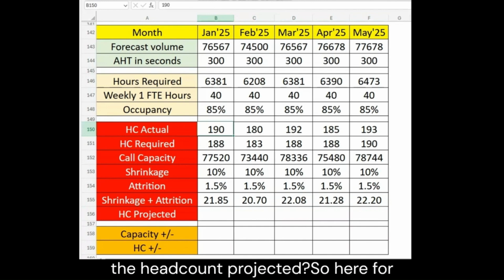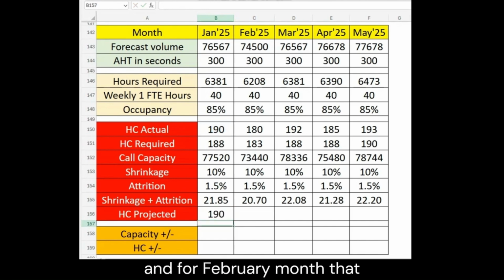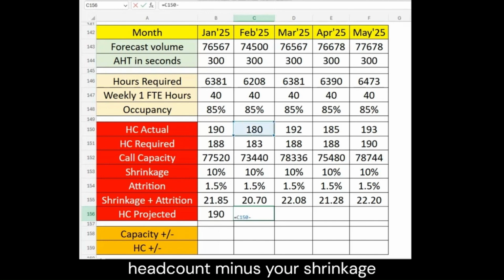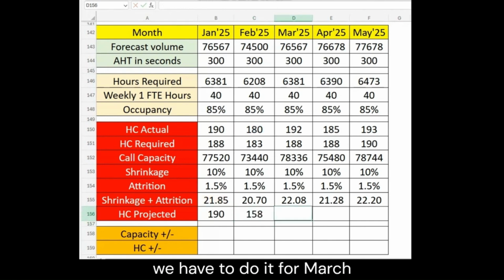So what would be the headcount projected? Here for January month, it would be simply 190, and for February month, that would be your actual headcount minus your shrinkage plus attrition headcount. The same we have to do for March, where we have 192 minus your shrinkage plus attrition headcount for February month.